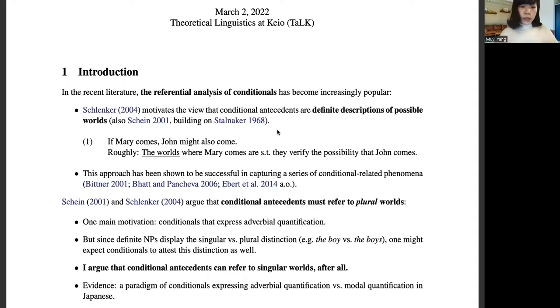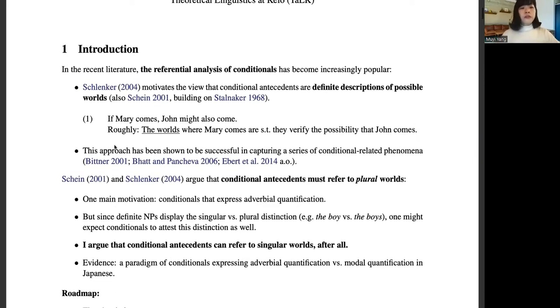He basically says that there is a parallel between sentences in the form of if P, Q and sentences in the form the P, Q. So for a simple conditional like number 1, if Mary comes, John might also come, under the referential analysis, the interpretation of the sentence can be roughly paraphrased as: the worlds where Mary comes are such that they verify the possibility that John comes. So this is very similar to a predicative construction.